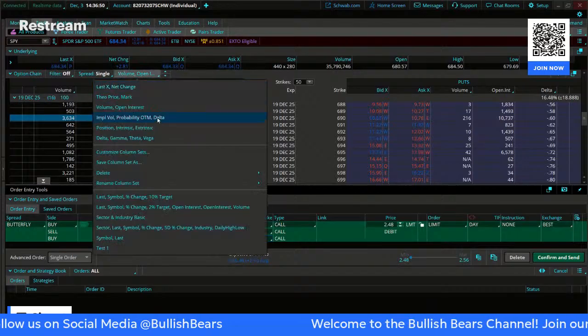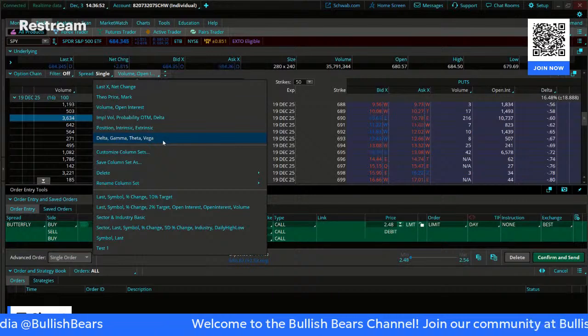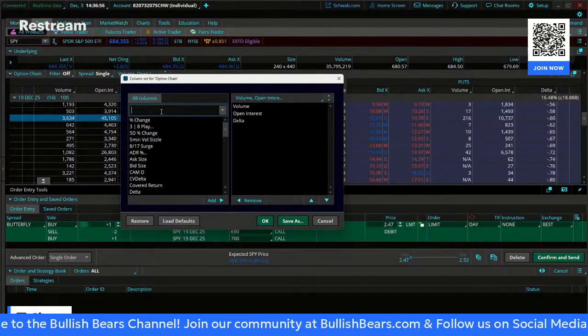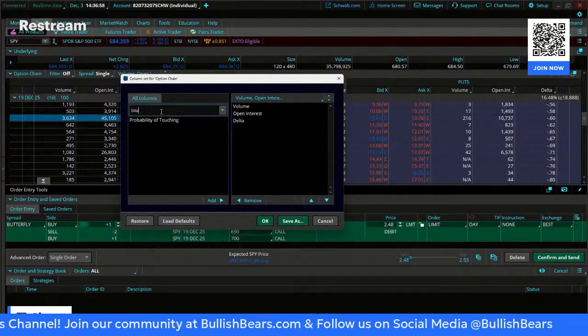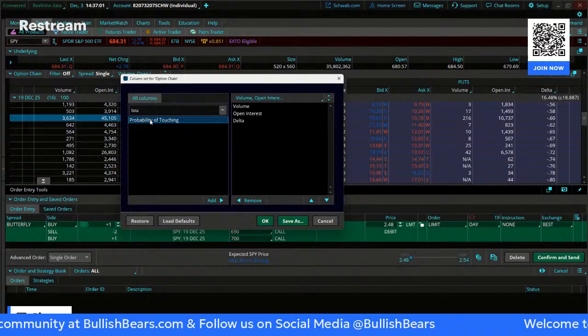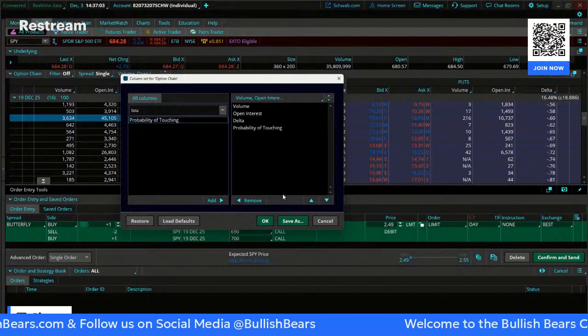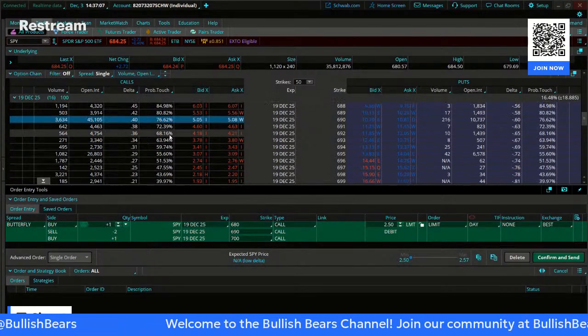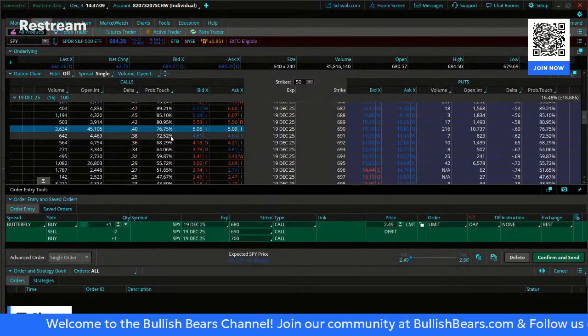If you don't want to use the delta, because I get it's old school, maybe you want to use something a little more modern. They have probability of touch. And it's just like it sounds. How likely is it that price touches that level?